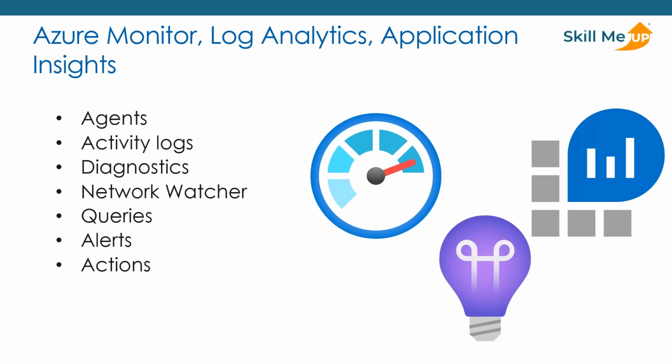Then you can take that a step further and utilize Log Analytics and Application Insights to perform queries on that information, and automate alerts and actions based on what comes back from those queries, in terms of suspicious activity or potentially down connections and things like that.